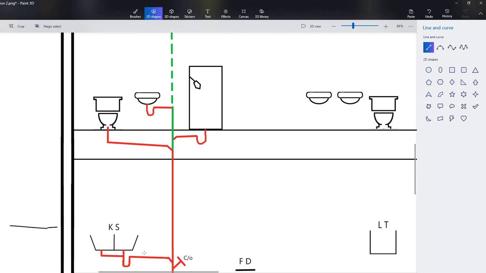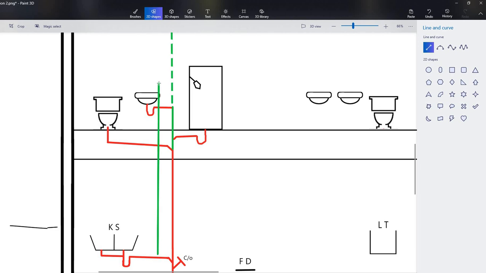So with our vent, we are allowed to cross over these pipes, obviously, because we have to bring our vent up somehow. Just remember that you don't want the lines to overlap. So that's very easy to do. Let's watch how we do this. We're gonna bring up our back vent, and I think bringing it up here is pretty good. All we have to remember is to bring it above the flood level rim of our sink.